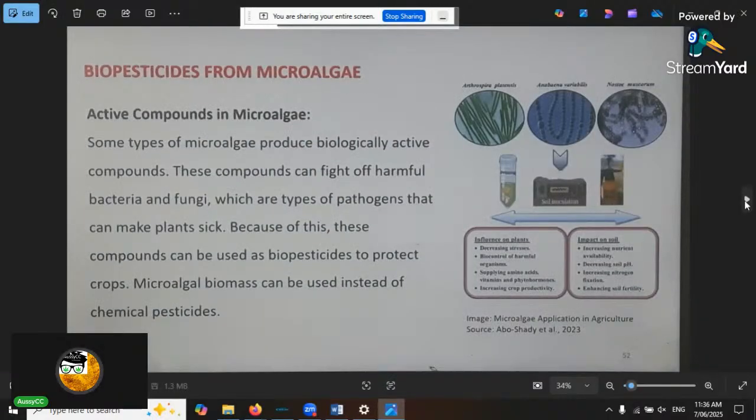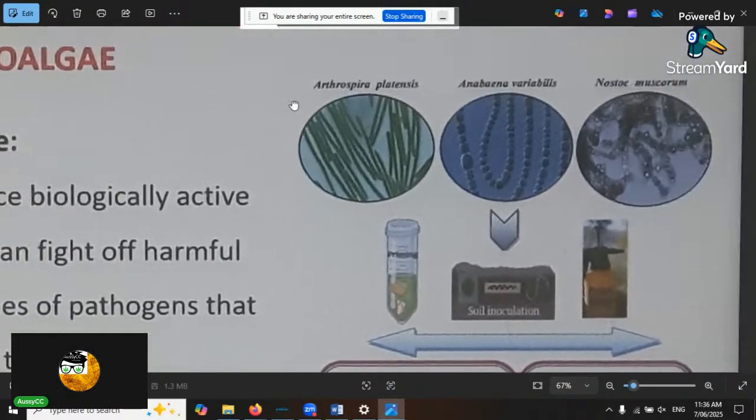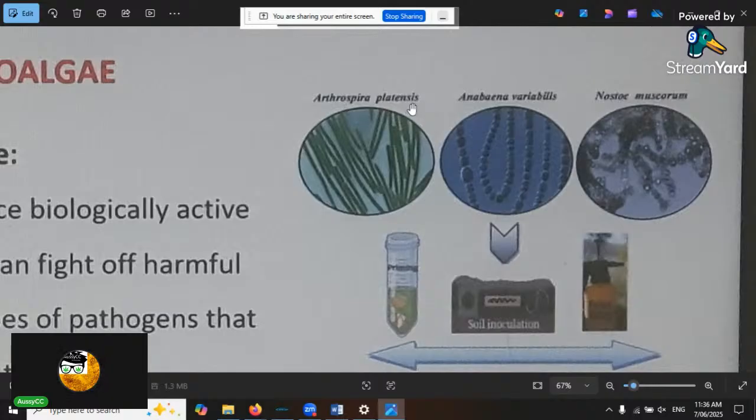Biopesticides from microalgae. Some types of microalgae produce biologically active compounds, which can fight off bacteria and harmful fungi. I'll use this one, Arthrospira platensis. There's Anabaena and Nostoc, the other two types of cyanobacteria.